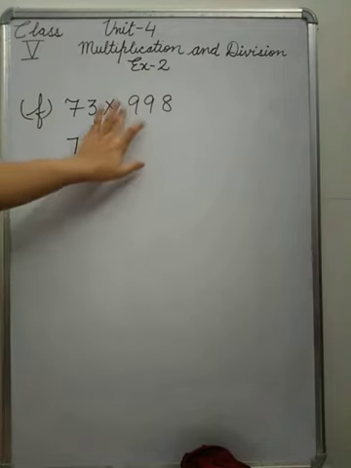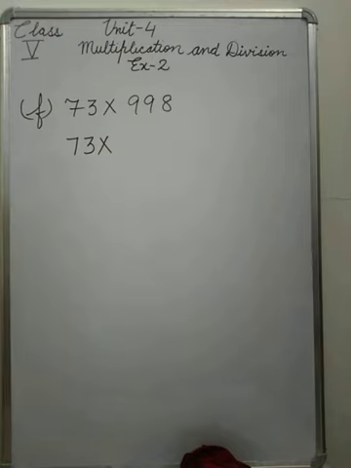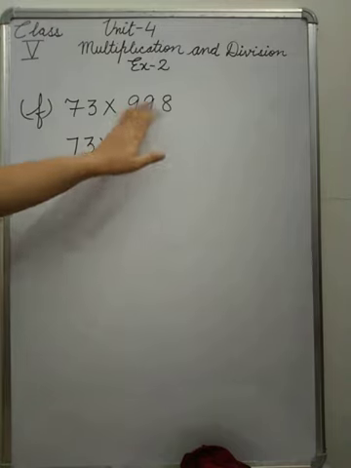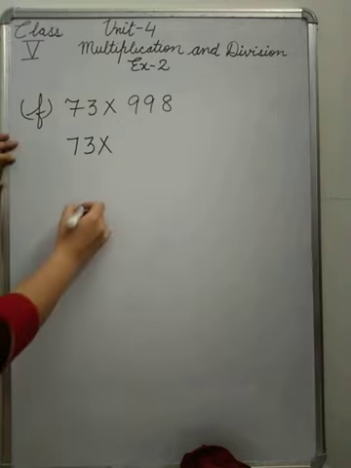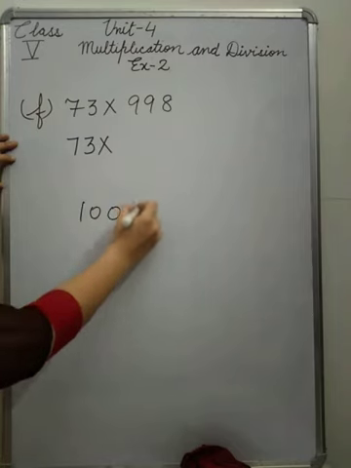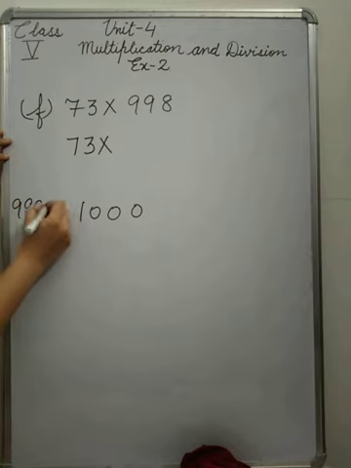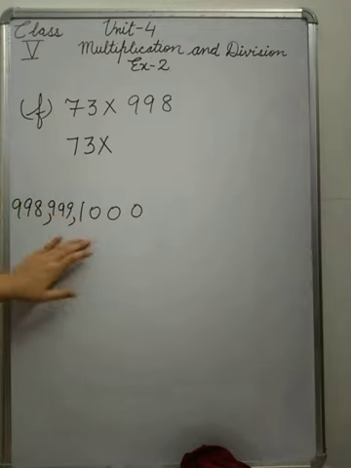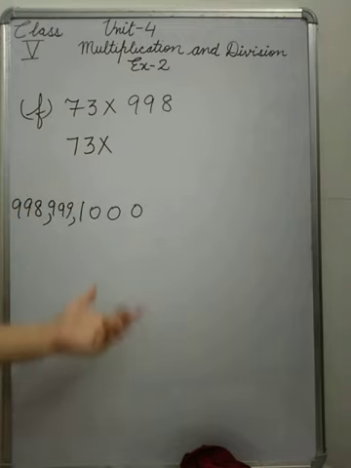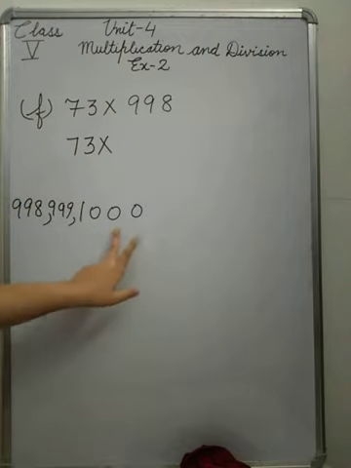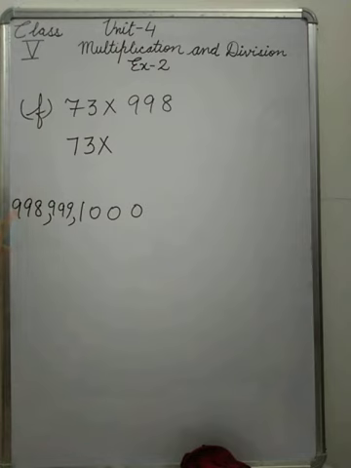Now this number 998, which number is it closer to? 1000. See, 998, 999, and then 1000. That means when you subtract 2 from 1000, you get this number.